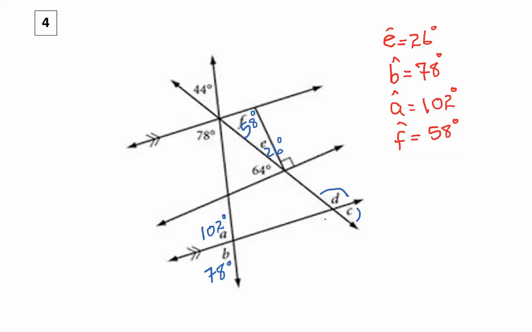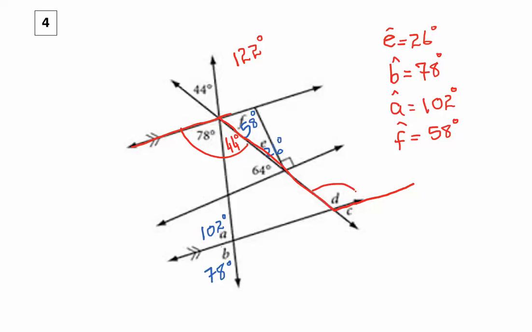Alright, now we said that this angle here is 44 degrees. We know that this angle is 44 degrees, and we know that those two angles together gave me 122 degrees. Now let's look at our parallel lines and our Z shape again.